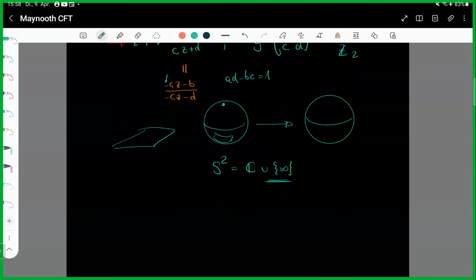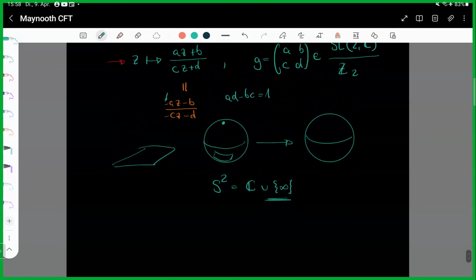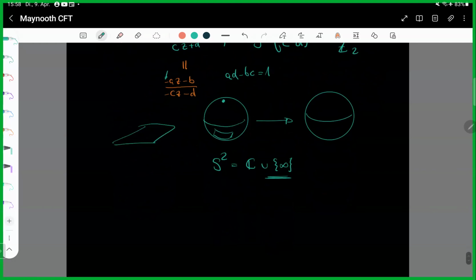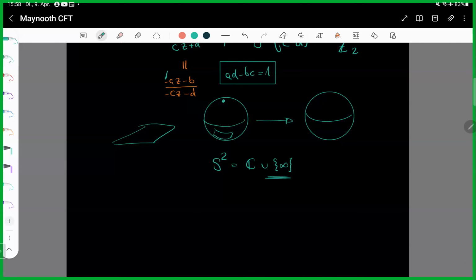Okay. So just a little check. Let's see. We have 4 real parameters. So this A, B, C, D are 4 complex parameters. That gives 8 real. 4 complex parameters equals 8 real parameters. Now, you have also this constraint here, which gets rid of 1 complex parameter.